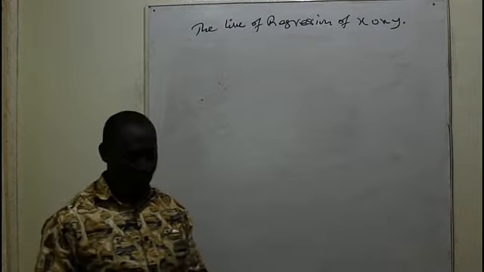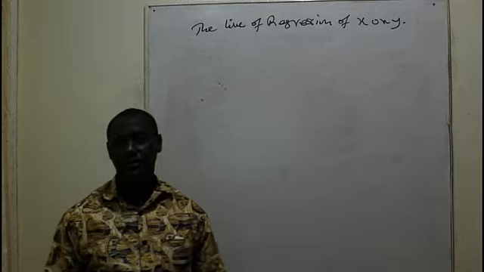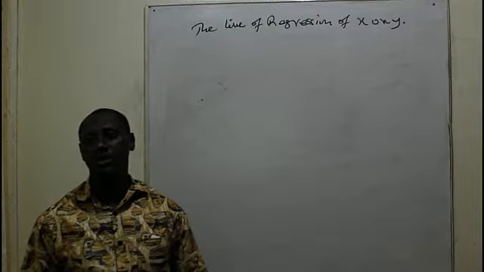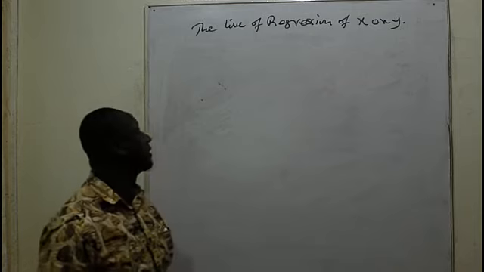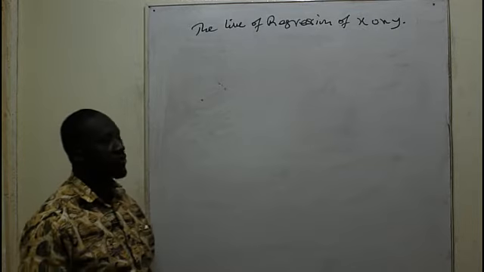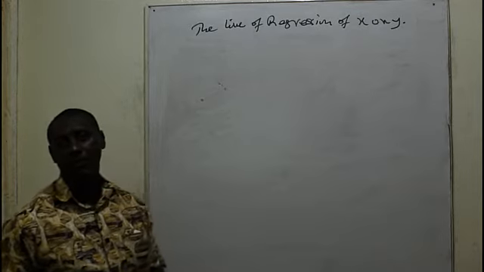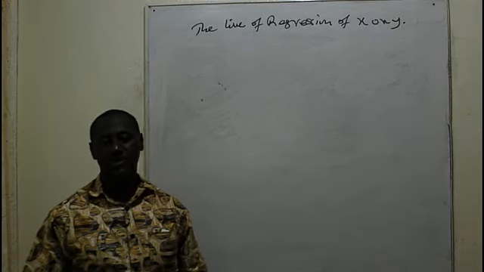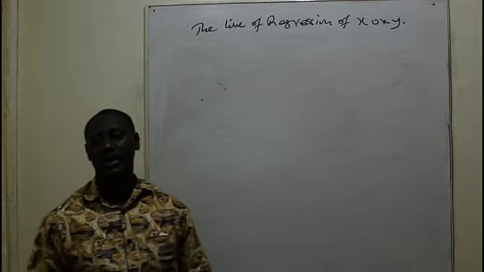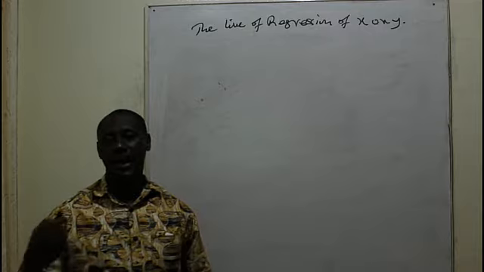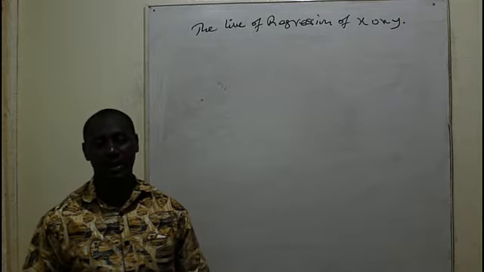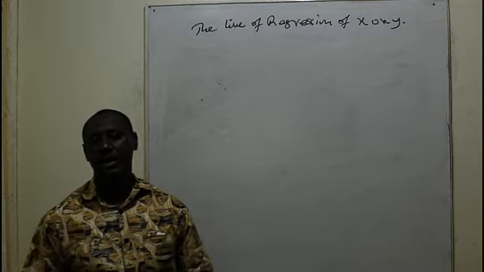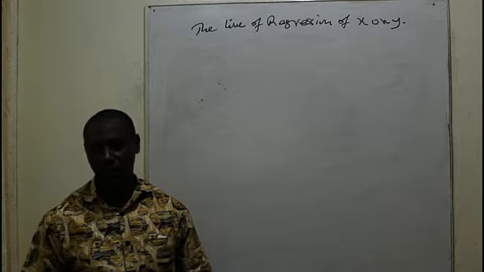But for the lecture this afternoon, our focus is going to be on the line of regression of x on y. So if it is x on y, then all we are saying is that x is dependent on y, and y becomes the independent variable.